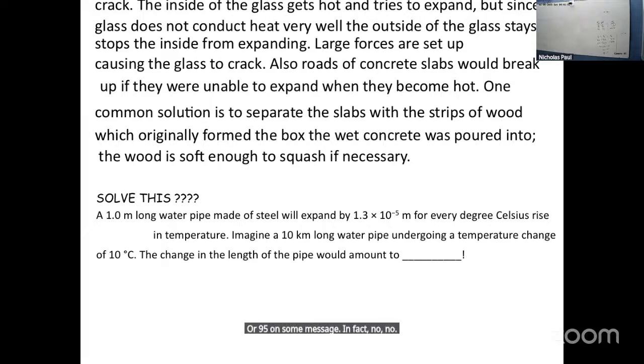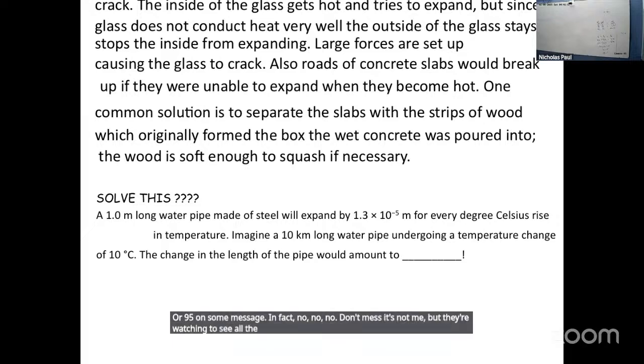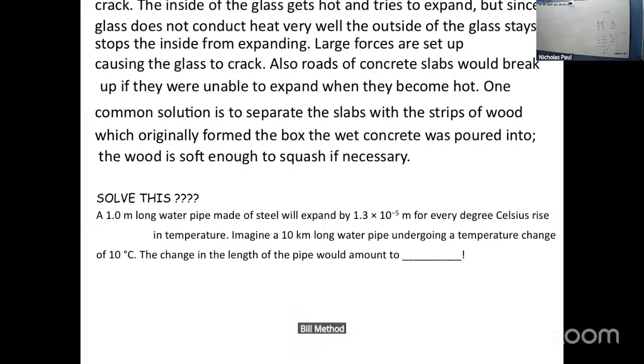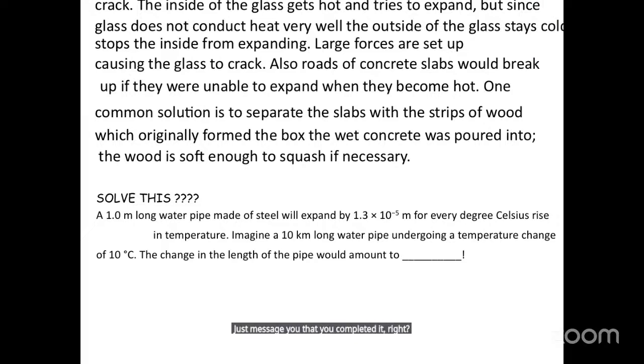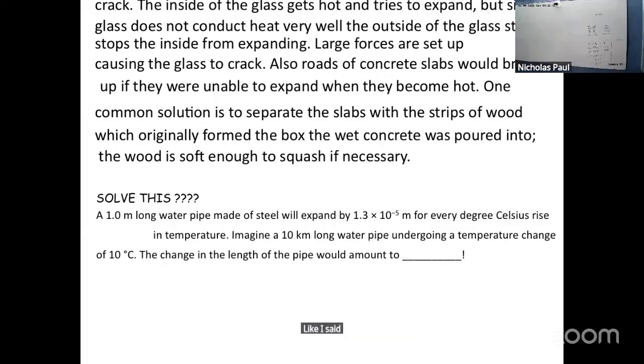Some people here are watching to see all the answers. No message. Work it out. Tell me you finished, right? Kira, if you finish, just message to say that you completed it, right?